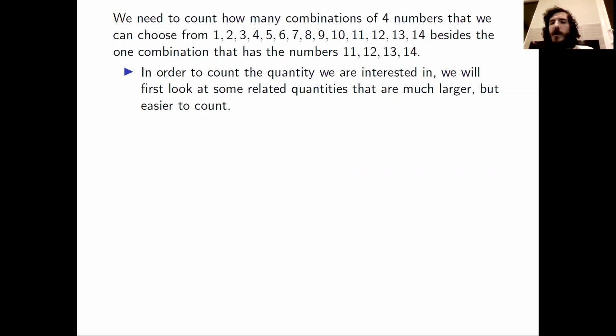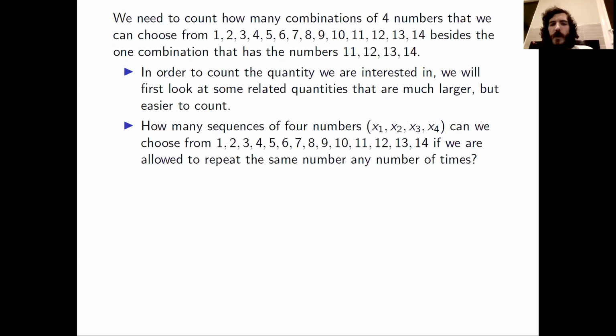The first related quantity that we'll look at will be sequences of 4 numbers, x1, x2, x3, and x4, that we can choose from 1, 2, 3 up to 14, assuming that we're allowed to repeat the same number any number of times.